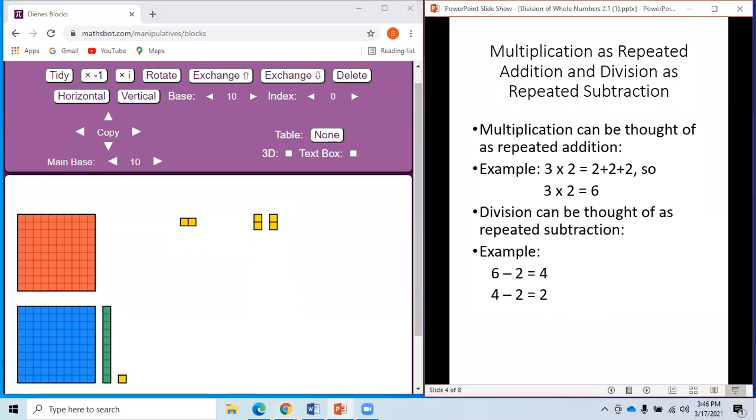And I have 2 left. And now I can subtract the last 2. And I have 0 left but I can see that I have 3 groups of 2. So 6 divided by 2 is equal to 3.